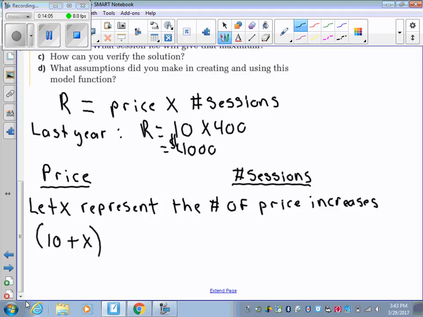The same thing I'm going to do over here under number of sessions. Well, we originally had 400, but for every price increase, we're losing 20 sessions. 20 times the number of increases I do. If I do 1, I'm losing 20 people. If I do 2, I'm losing 40. 3, I'm losing 60, and so on.